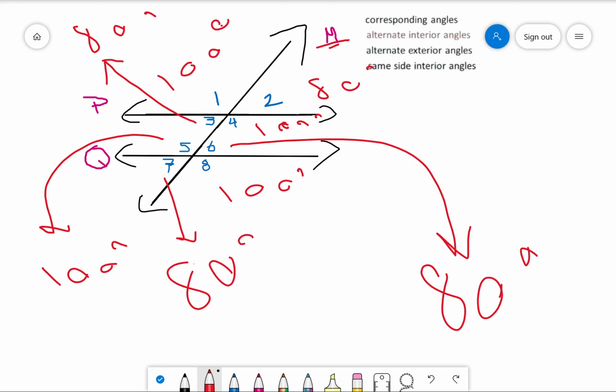So if you add the angle measures of 4 and 6, 100 degrees for angle 4 plus 80 degrees for angle 6 equals 180 degrees. Supplementary angles add up to 180 degrees.